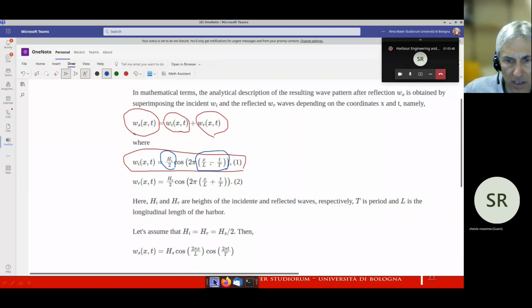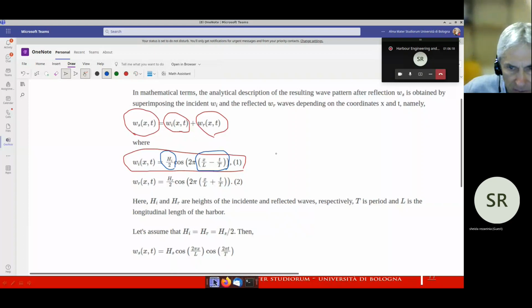Okay, L here is the length of the harbor in the longitudinal direction. So if the harbor is rectangular, then L is the size of the longer dimension of the rectangle, and capital T is the period of the wave. Lowercase t is time varying, okay?